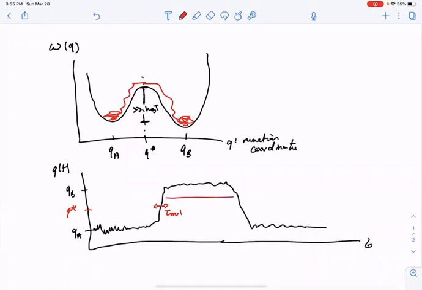And let's call the characteristic time it takes to see a transition, or the time between transitions, 1 over a rate to go from A to B, k_AB.